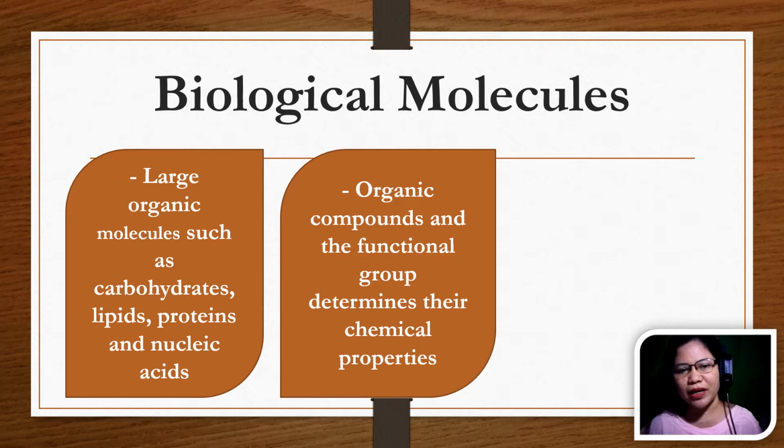And these are organic compounds and functional groups determine their chemical properties. Carbohydrates, lipids, proteins, and nucleic acids contain different elements. When I say organic compounds, these are compounds that consist of different elements that are useful in our body.